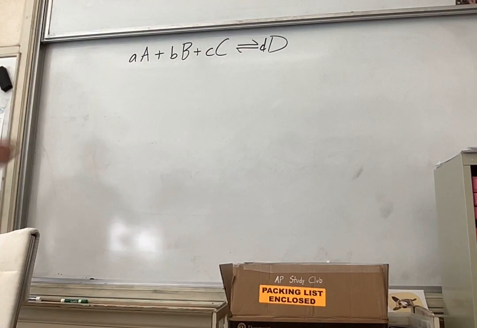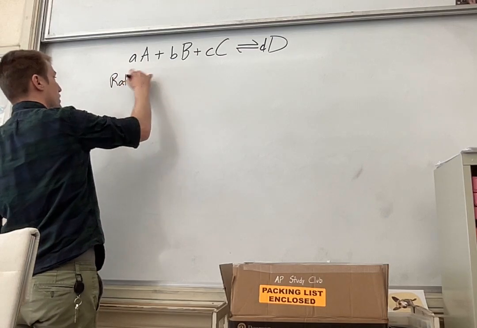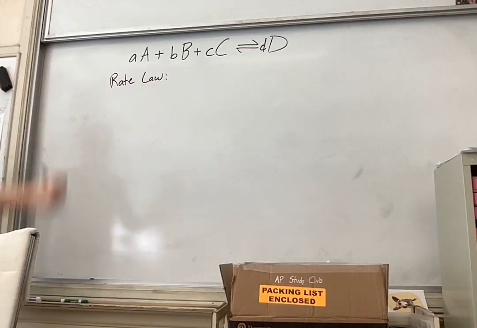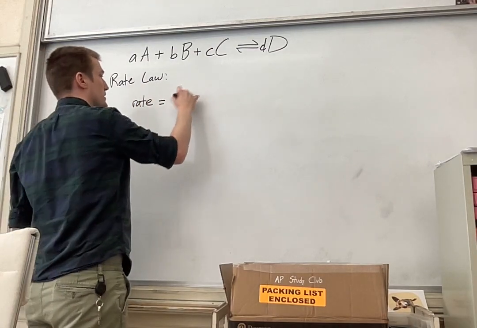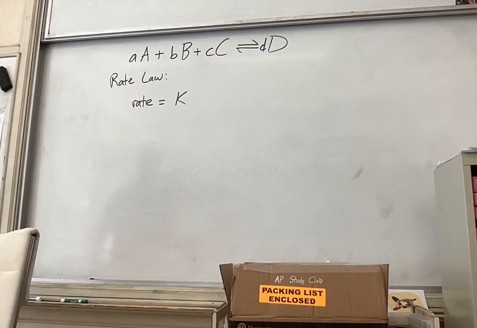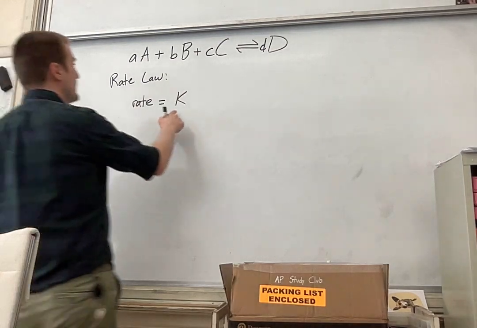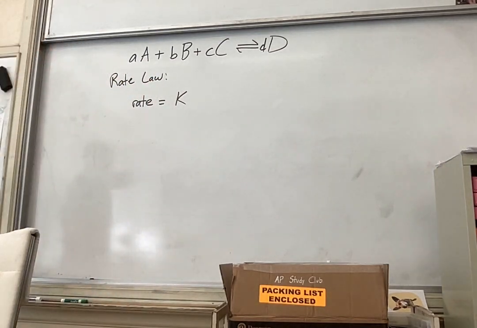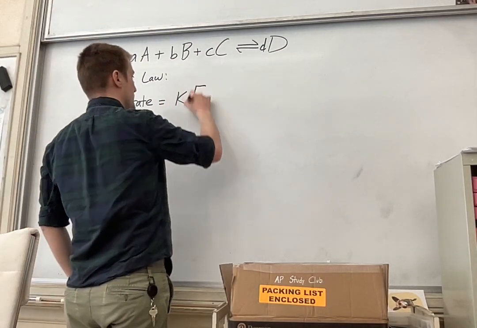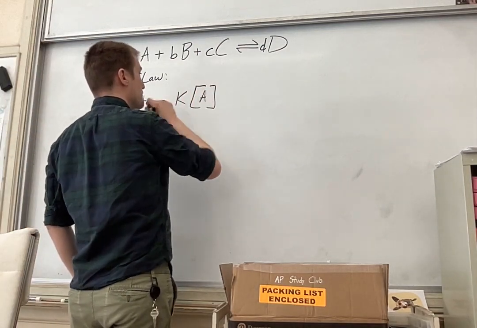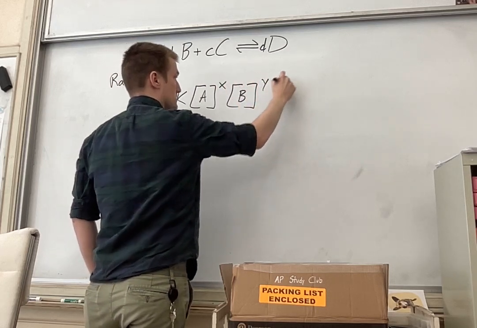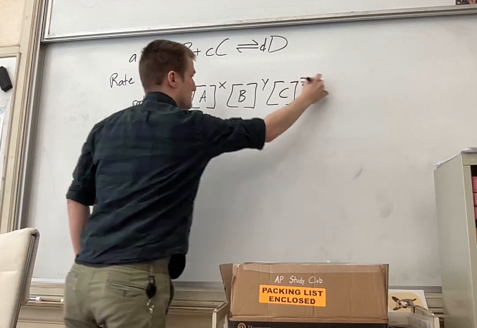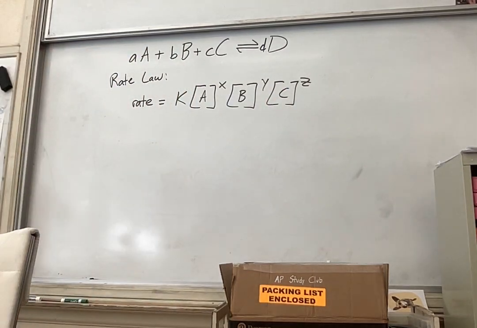The rate law is going to be something like this: rate equals some rate constant, and then it depends on the concentration of your reactants to some power. So it'll depend on the concentration of your three reactants.